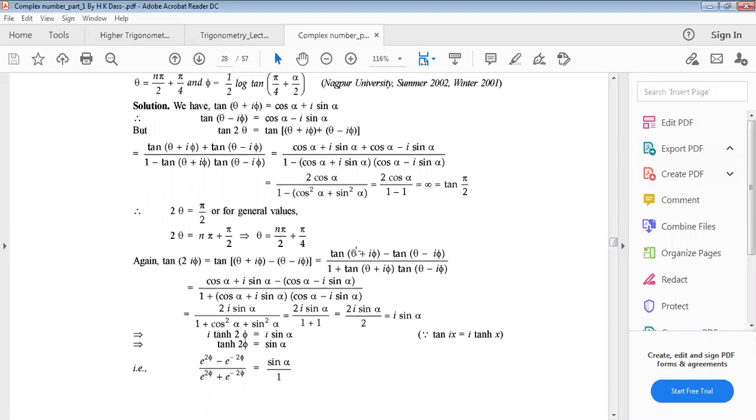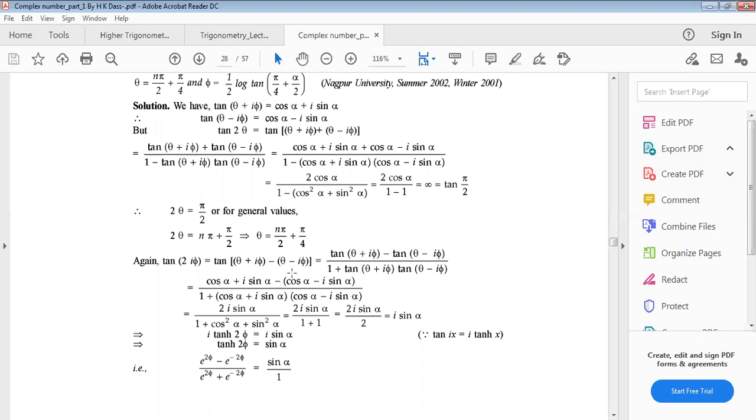Putting the values, tan(θ + iφ) is (cos α + i sin α) minus (cos α − i sin α), divided by 1 plus (cos α + i sin α)(cos α − i sin α).